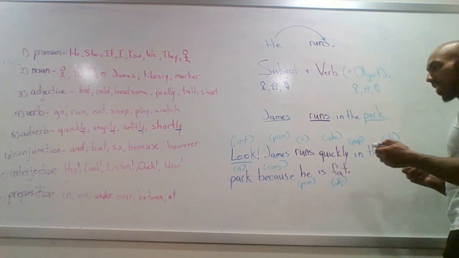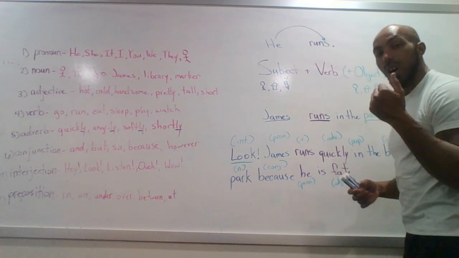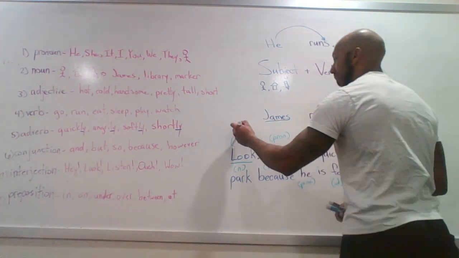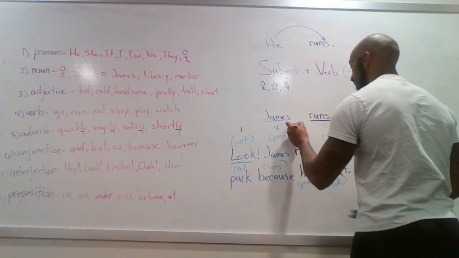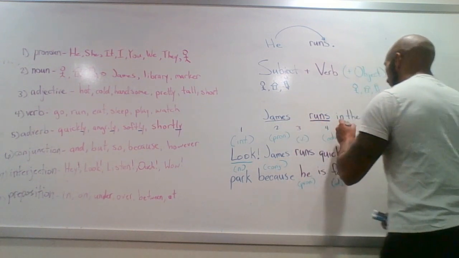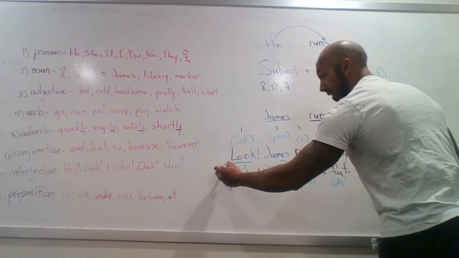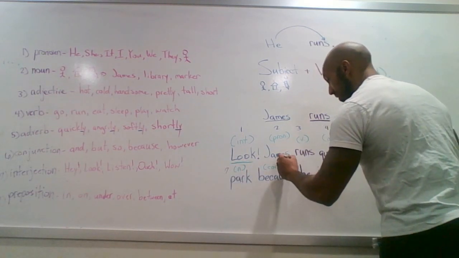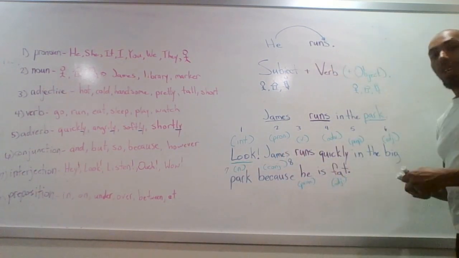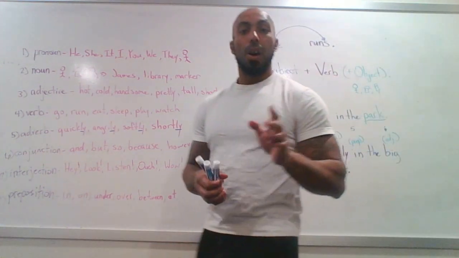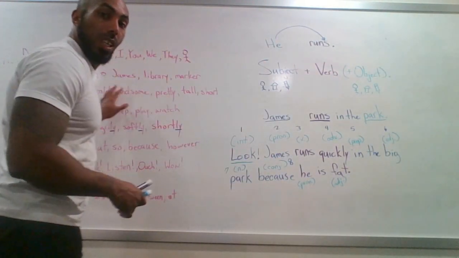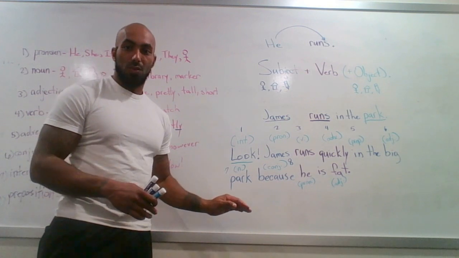Okay, so let's see if we succeeded, if we did use all 8 parts of speech. So we have 1, 2, 3, 4, 5, 6. A noun is 7, and our conjunction is 8. So we use all 8 parts of speech over here in this sentence, right?